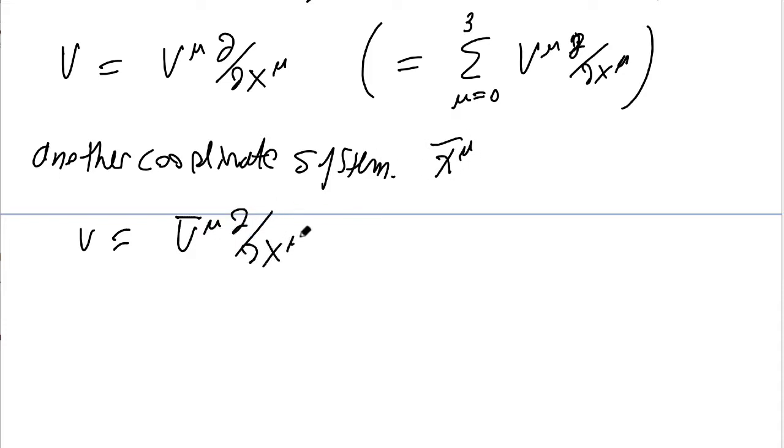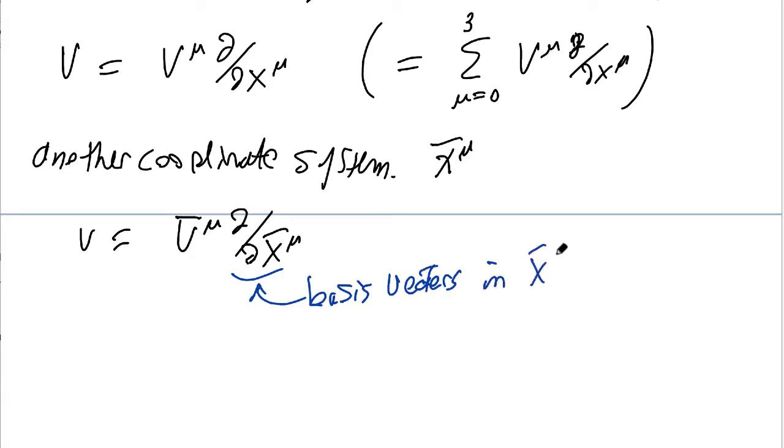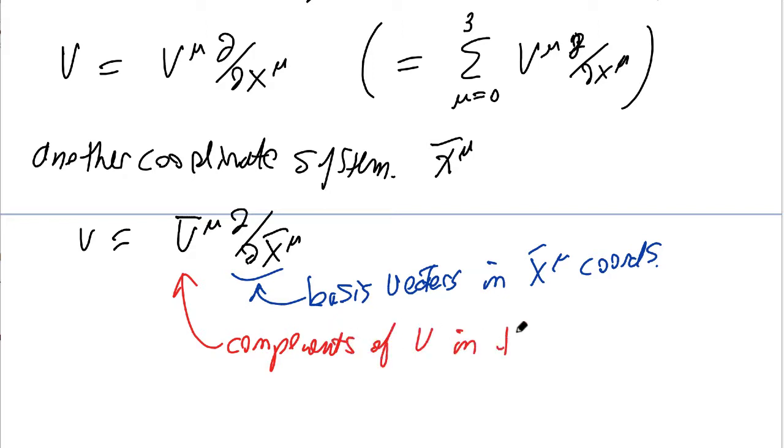So we would have some new coefficients, v bar mu, in the expansion of this vector in terms of the basis vectors d by dx bar mu. Right, so these are the basis vectors in the x bar mu coordinates. And these are the components of v in the x bar mu coordinates.